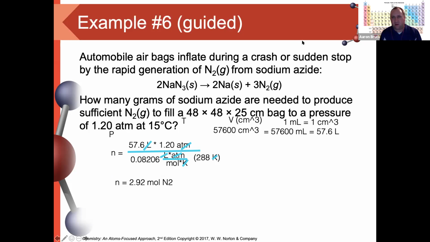Now the last part of this here is just normal stoichiometry. I'm going to take my balanced equation, 3 moles of nitrogen for every 2 moles of sodium azide.